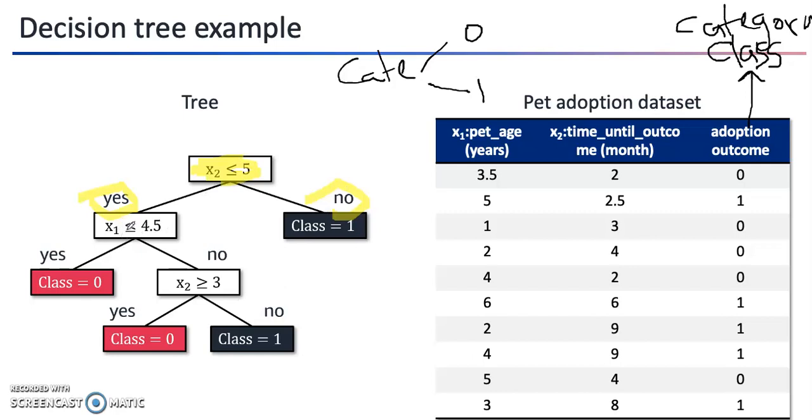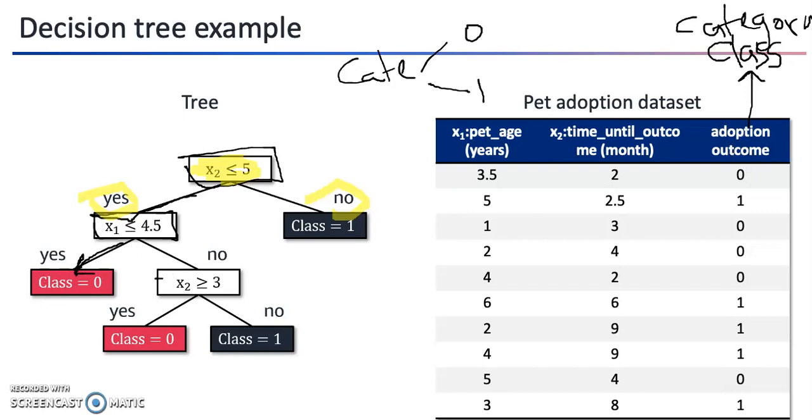So the way we read the tree is we start with this condition. If that condition is satisfied, it goes into another node that has another condition relative to X1, the first column, about being less than or equal to 4.5. If that is a yes, then it leads to a value of 0 for the adoption outcome.